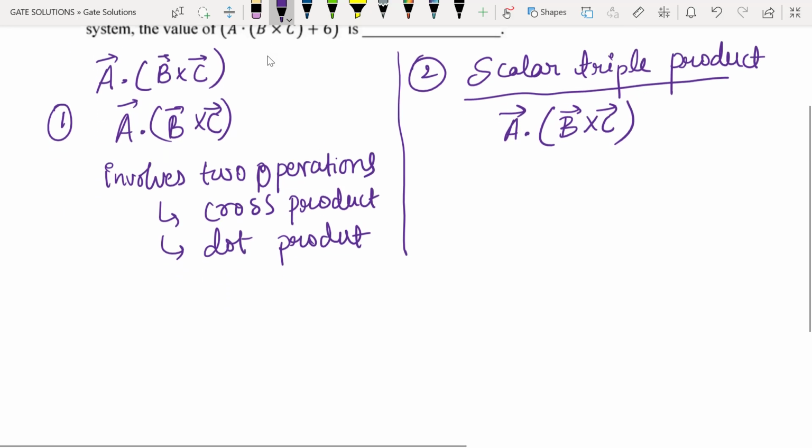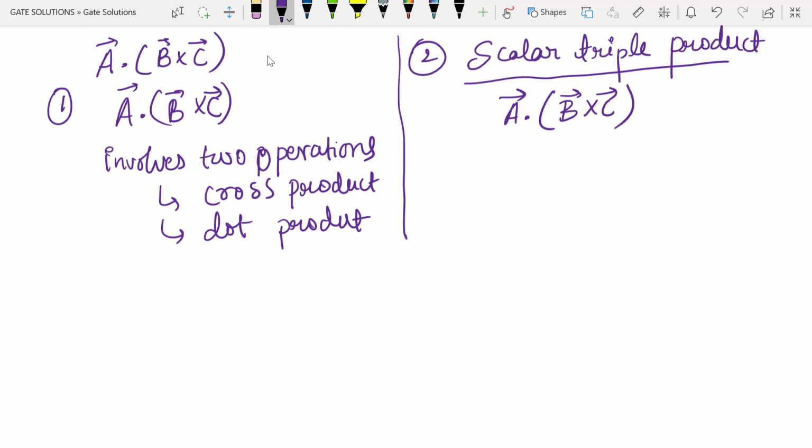If we see the geometrical interpretation of this, first we draw the A vector, B vector and C vector. So this is A vector, this is B vector, and suppose this is C vector.